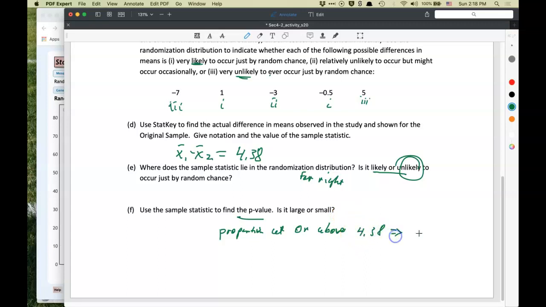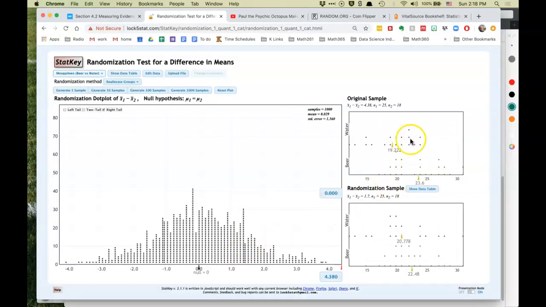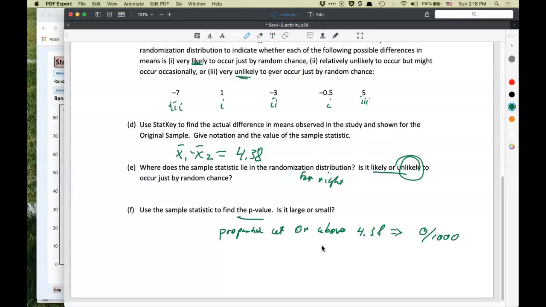And that value was 0 out of 1,000. So now often we would try to avoid reporting exactly 0 because it happened at least once, the one time that we observe it. So it's not as though we're saying it's impossible that it could happen, but we would say it's extremely unlikely. So we'd say it's approximately or very close to 0.